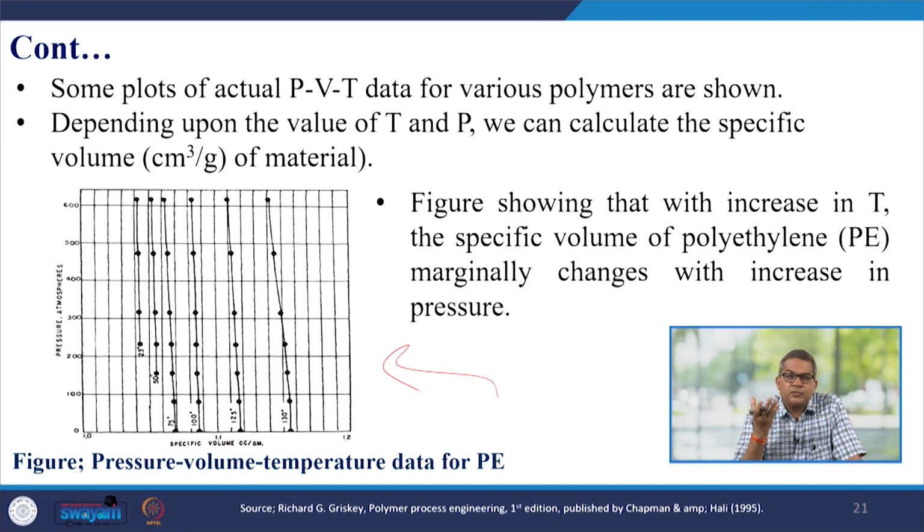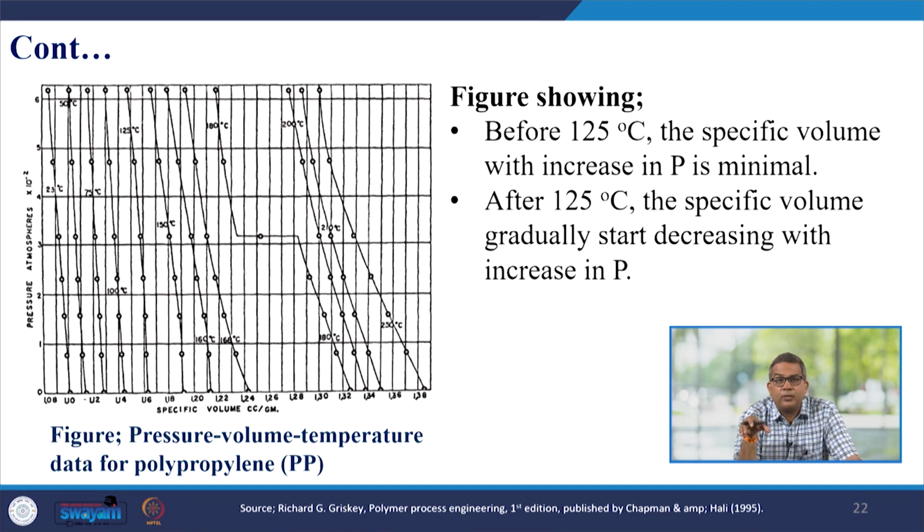The usefulness of this data is that beforehand, if you go for any kind of polymeric process, like extrusion or any kind of molding, there will be a continuous rise in the temperature. So, this behavior, how much volume change occurs, and because of the volume change, some sort of pressure change may occur. All this information is extremely important in this aspect.